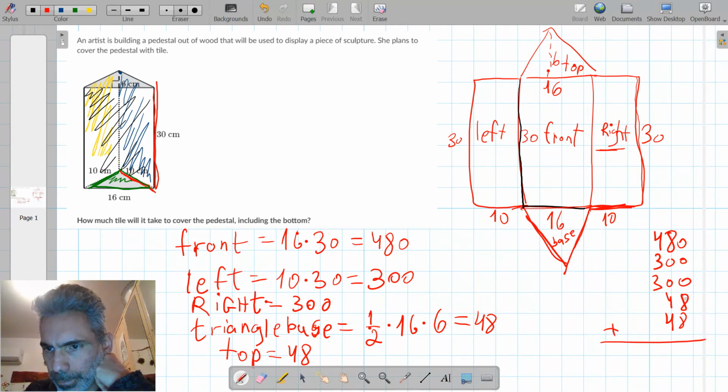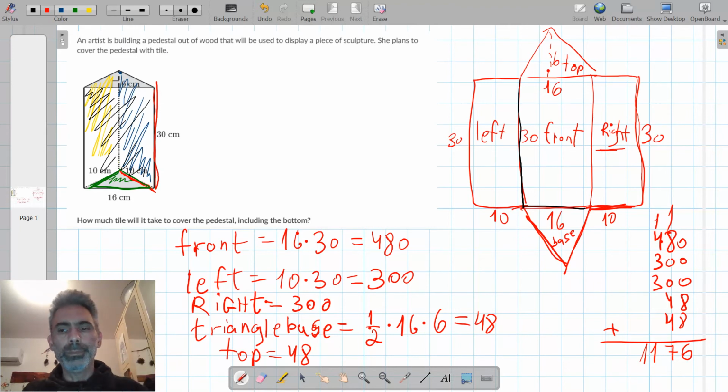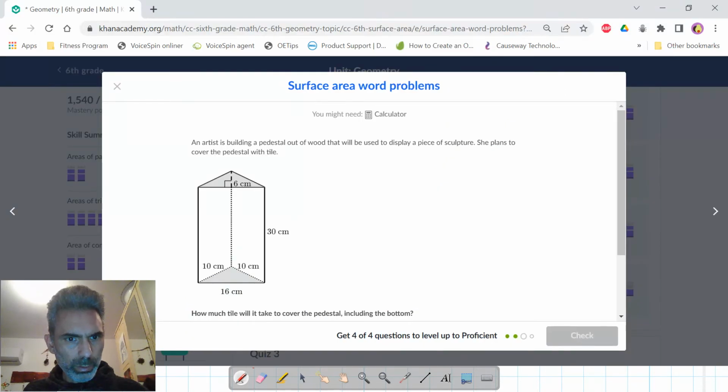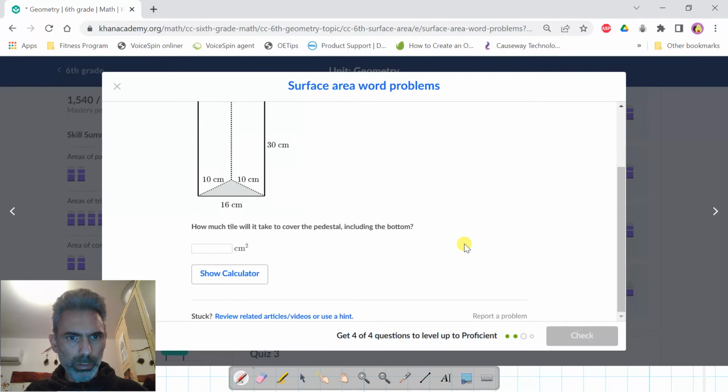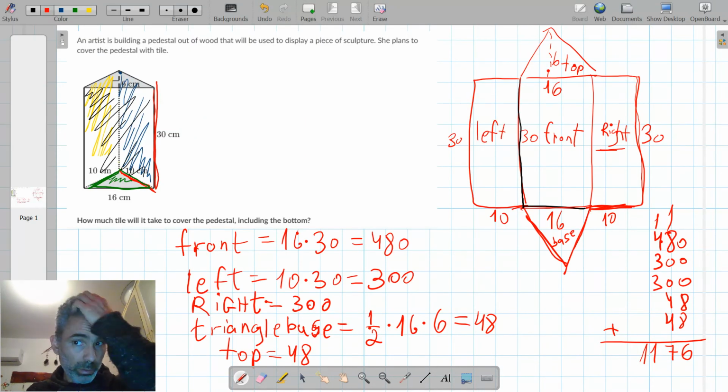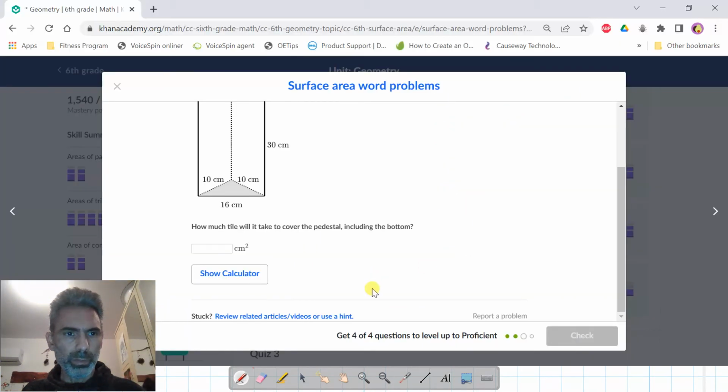Add them all up. 8 plus 8 is 16, 1 plus 8 is 9, 9 plus 4 is 13, 13 plus 4 is 17, 1 plus 4 is 5, 5 plus 3 is 8, 8 plus 3 is 11. So 1,176 centimeters squared.